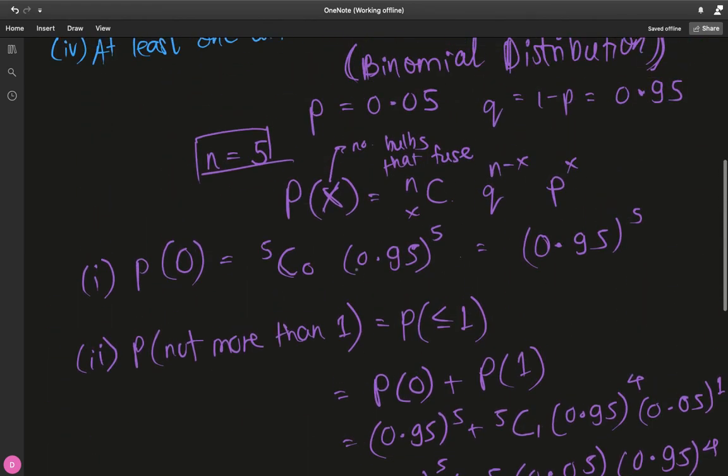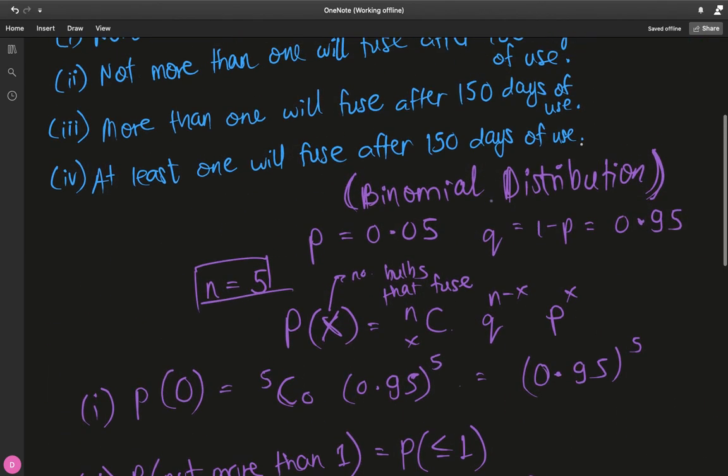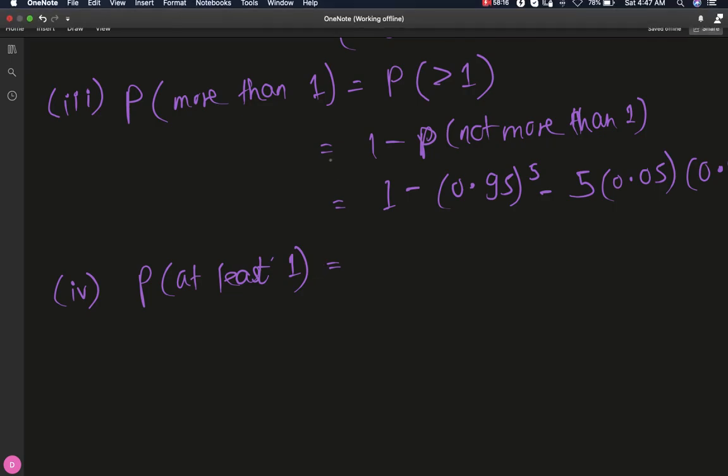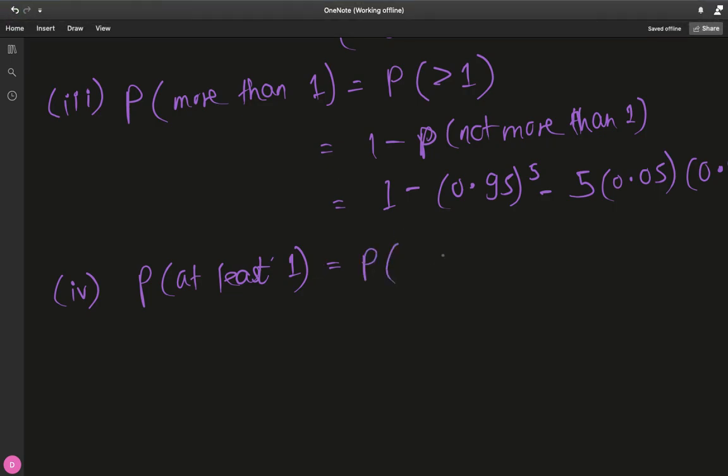Subpart 4. At least one will fuse after 150 days of use. At least one. So probability of at least one. Probability of greater than or equal to 1.